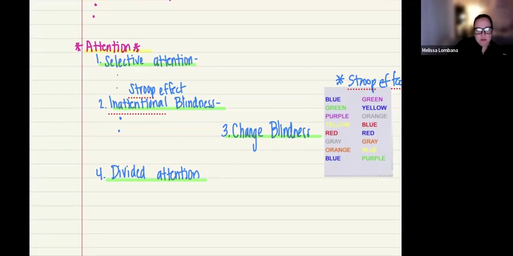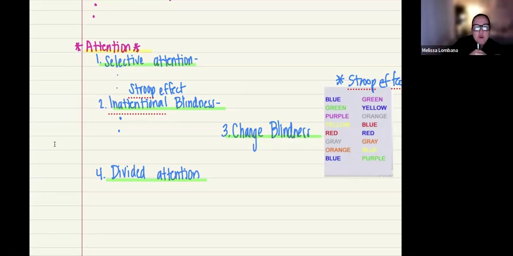It's like those people texting on the phone while driving, and here comes Miss Lombana honking, like, hey, why are you going 40 miles an hour on a highway? That is inattentional blindness. They are selectively attending to their phone and are blind to everything around them.